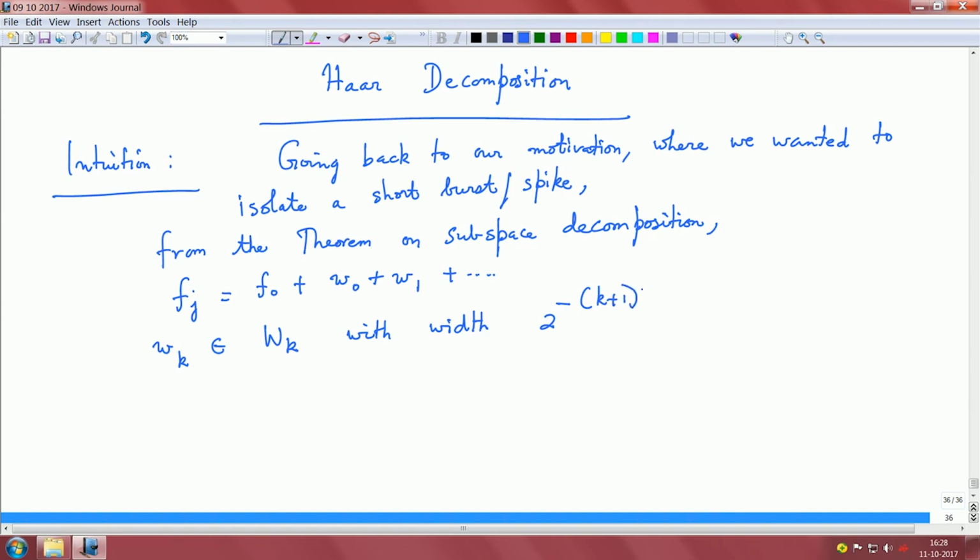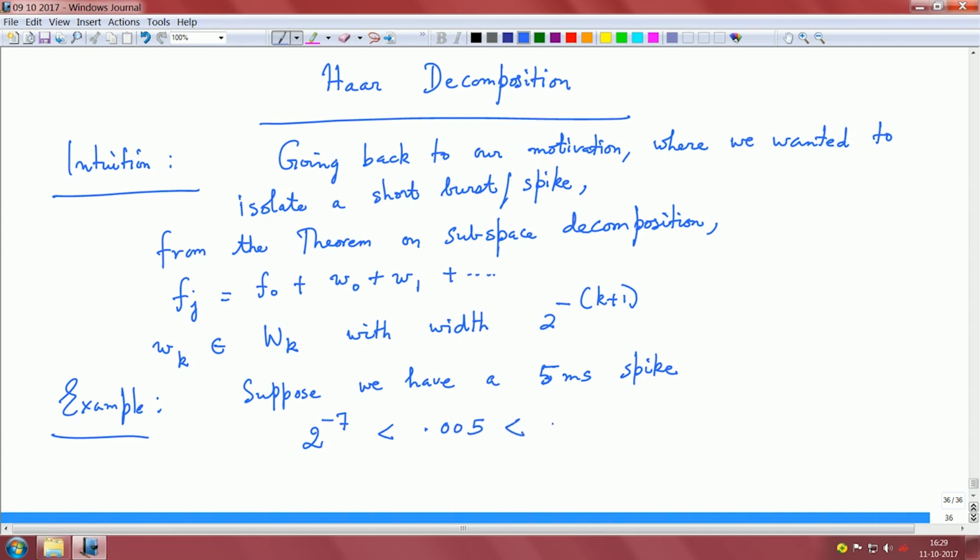So, for example, suppose we have a 5 millisecond spike, then we know that 2 power minus 7 is less than 0.005, is less than 2 power minus 8, and you can choose your scale appropriately to null out the spike, and the resolution in the smallest scale that you would consider in your decomposition would be roughly what your sampling has to be.